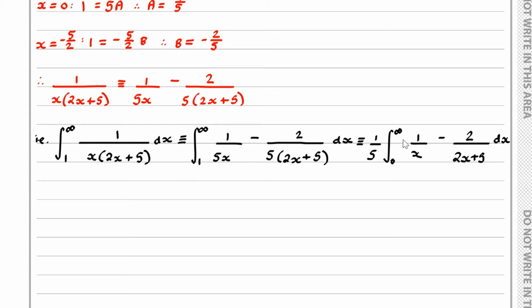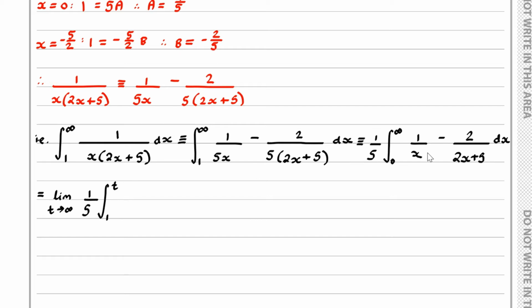So in other words, what all of this is equal to is the limit as t tends towards infinity. We've still got this 1/5, and then our limits now become 1 and t.